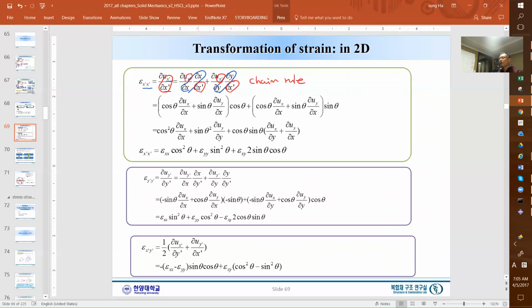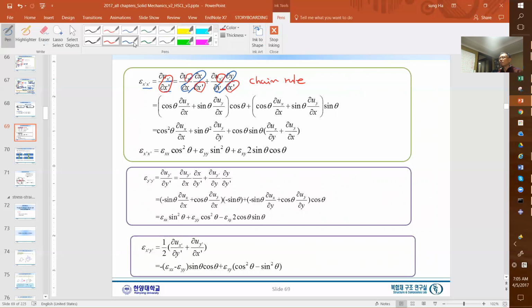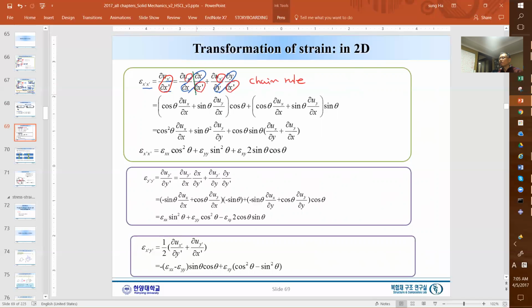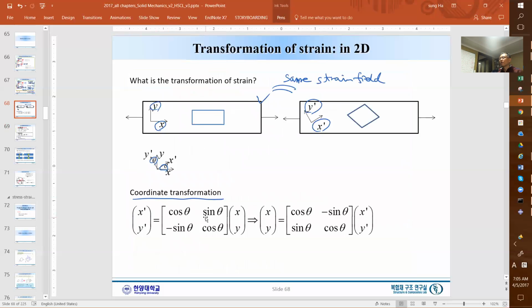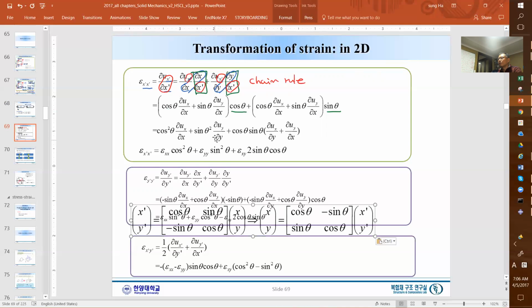Now here, the coordinate transformation from this is simply cosine theta, and this one is simply sine theta, which can be obtained from these relations. We can copy this one into here for reference.